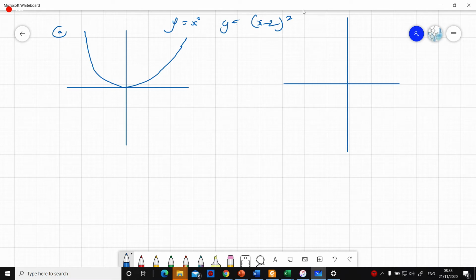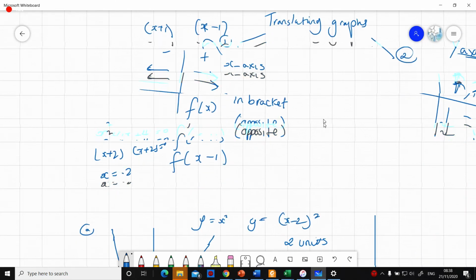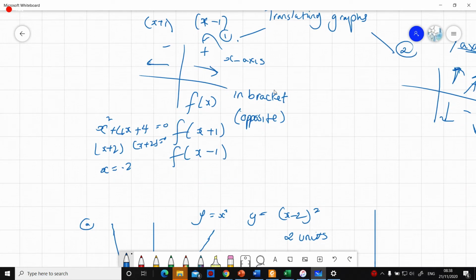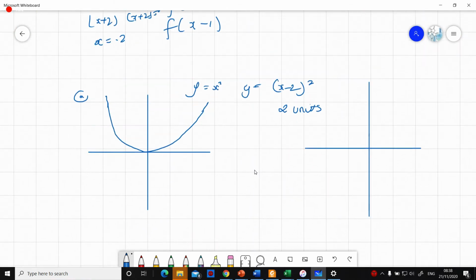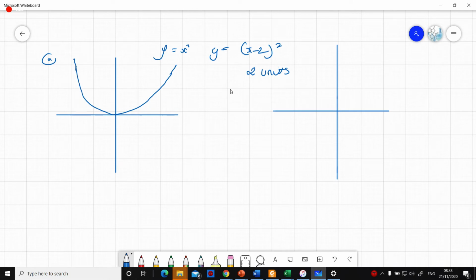Now x minus 2 means that we are going to move this by 2 units, and because we are in the brackets, we're going to move it in the x-axis. But because it's minus 2, we are going to go in the positive direction 2 units.